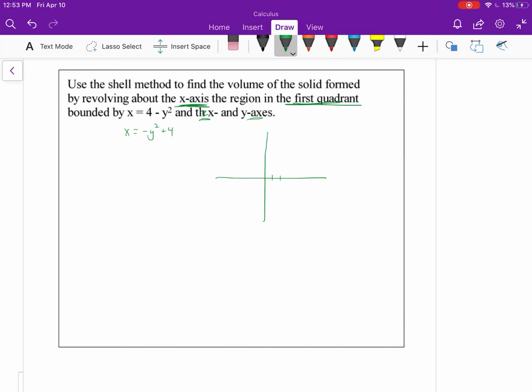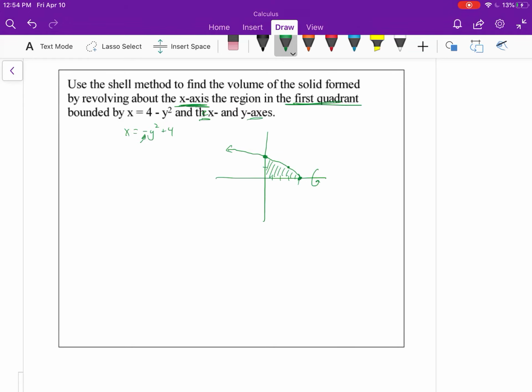So this thing is moved right 4, and it's opening to the left because this is negative. So here's the graph of that parabola. We only need the first quadrant because we're using this region in the first quadrant, and it is being revolved around the x-axis this time.